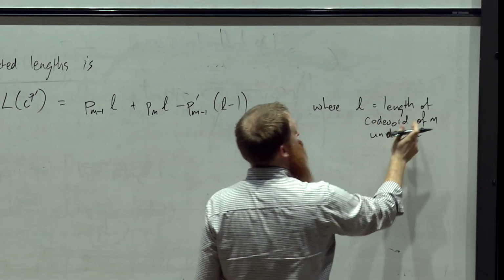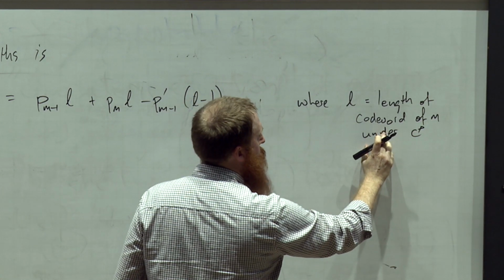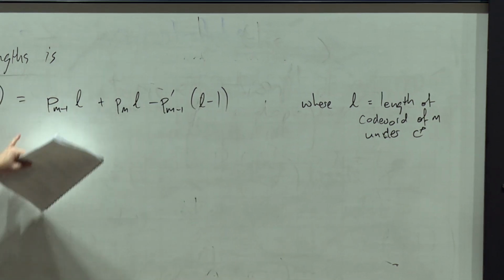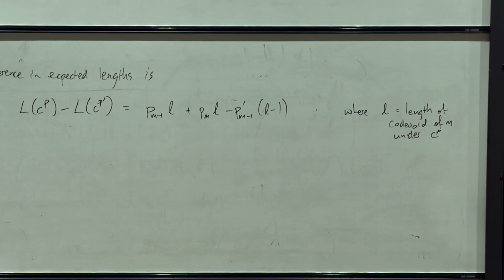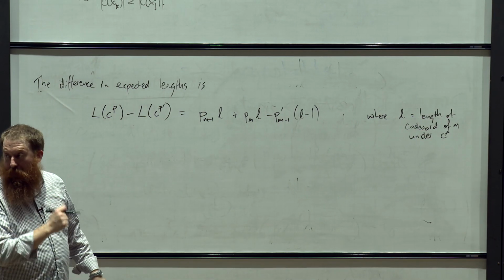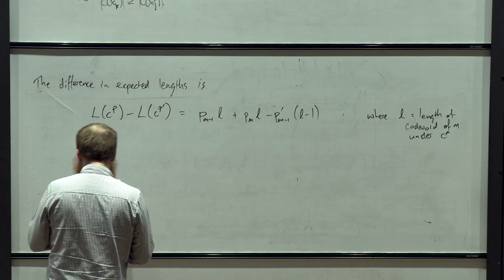So this is the longest code word under Cp. I get this calculation here. Okay, so this is just telling me if I ignored that final step, how much would I gain? Well, it's precisely this amount.